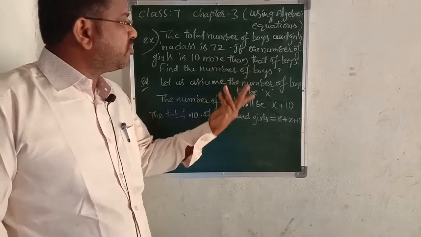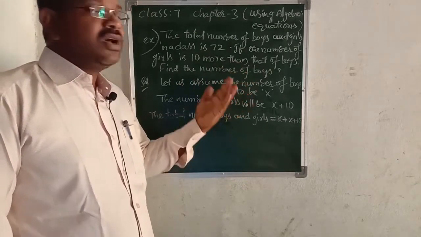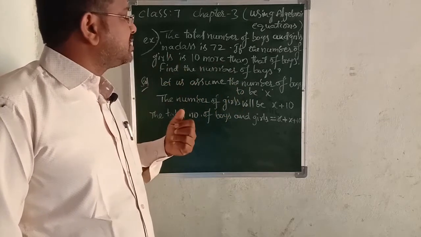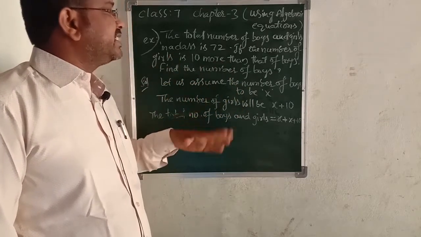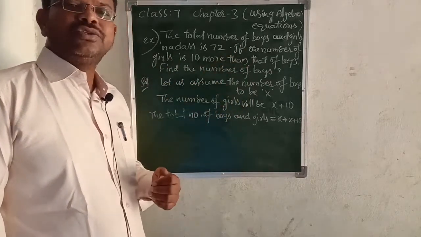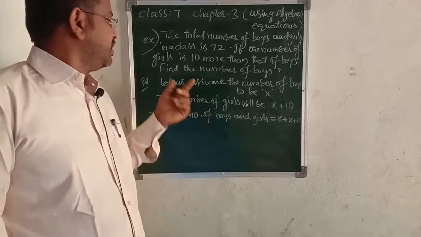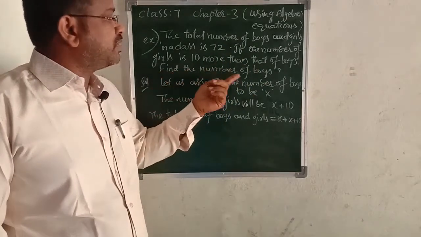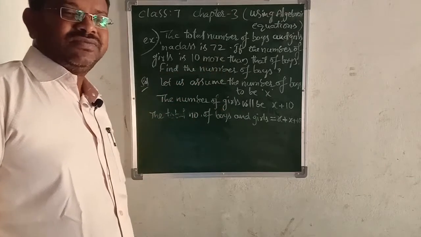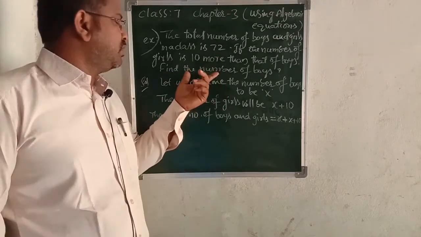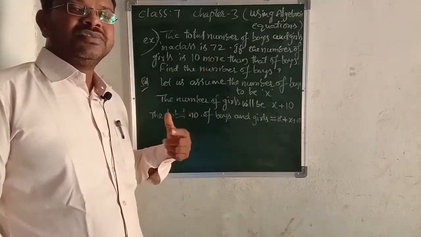But there is no number of boys. Then how do we find the number of girls? That is the unknown value to find here. So finally, the step is to find the number of boys.